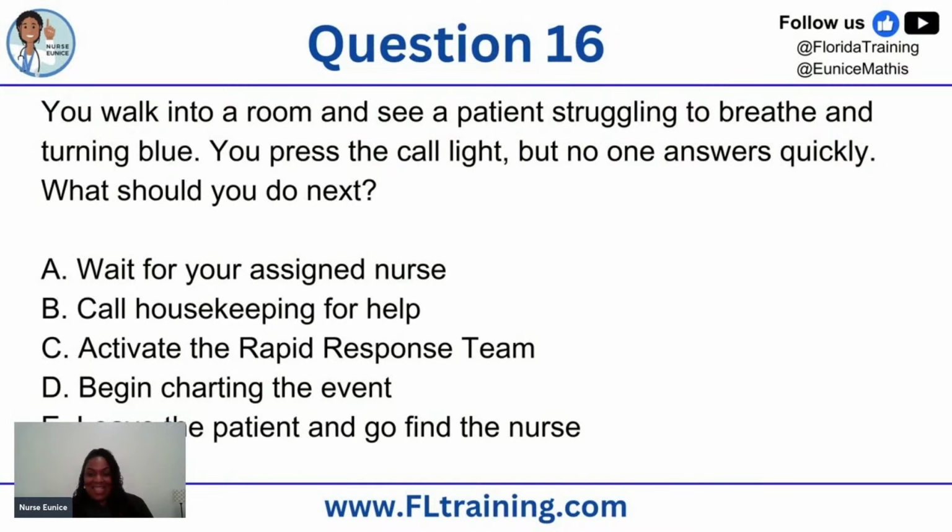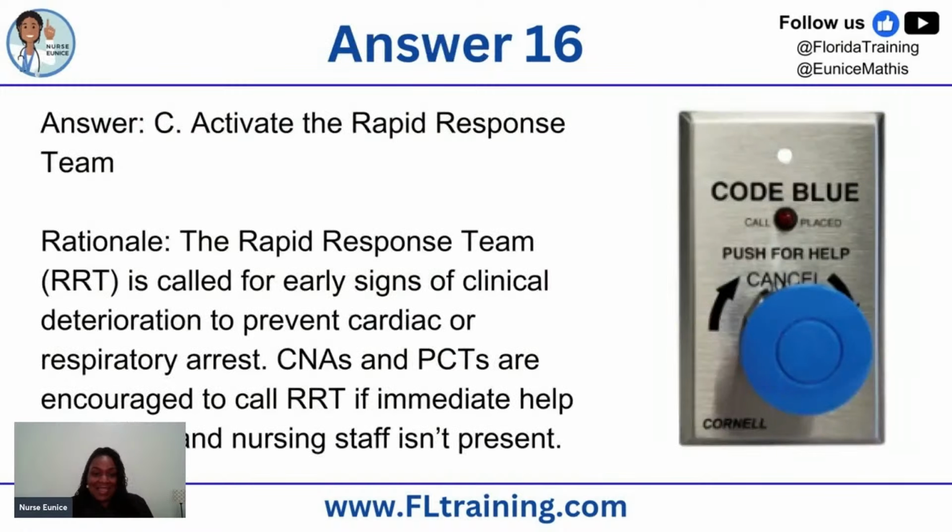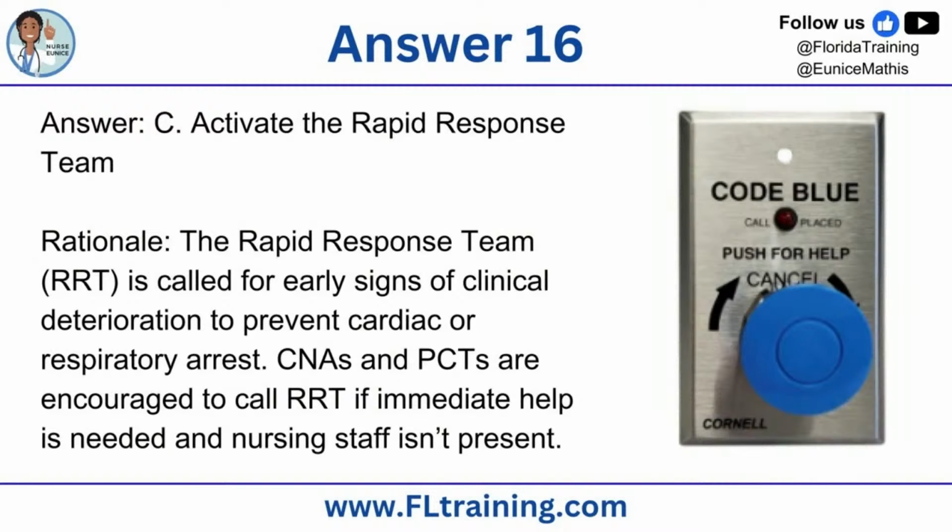And I have happy nurse tears over here because all of you all are going to save our patients because all of you all chose C. That is right. You're going to hit that code button. It's okay for a CNA to activate the rapid response team. So hopefully that will get your nurse into the room. Of course, you can scream out. You're going to verbalize and say the word help.